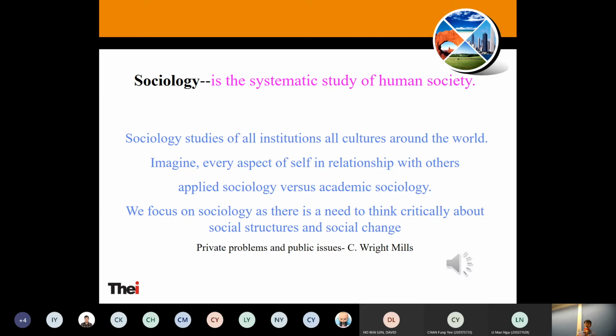So all in all, the sociological approach is about the systematic study of human society.